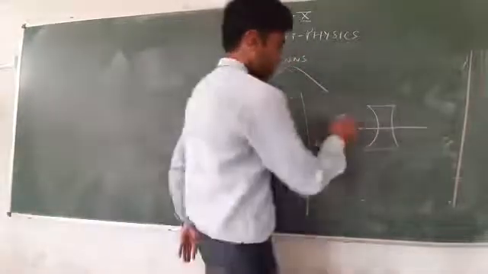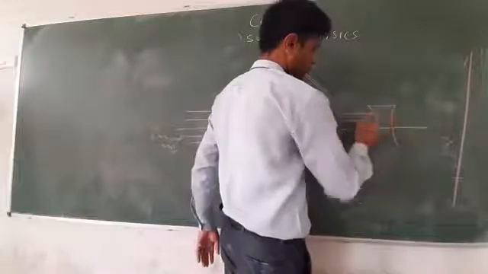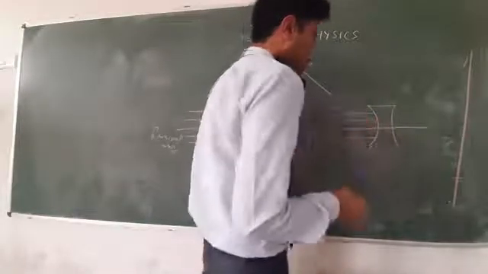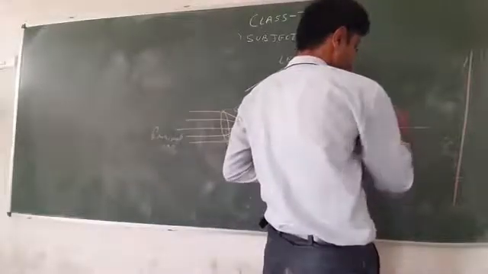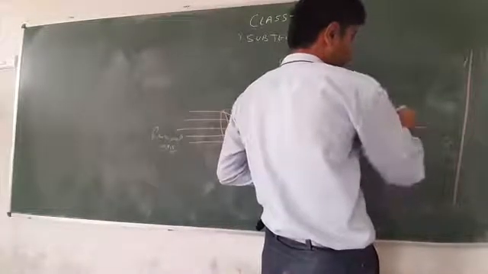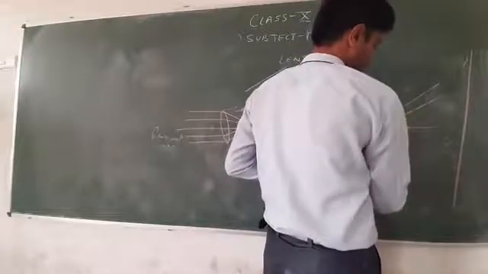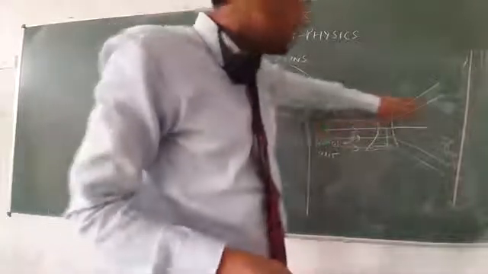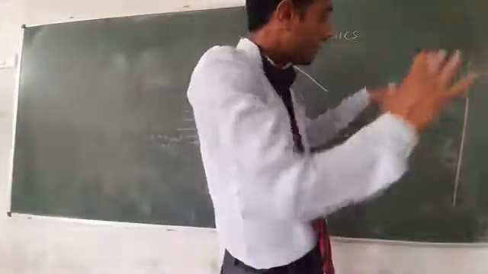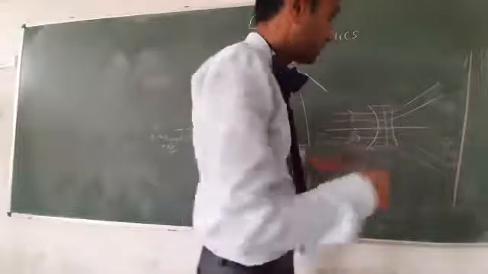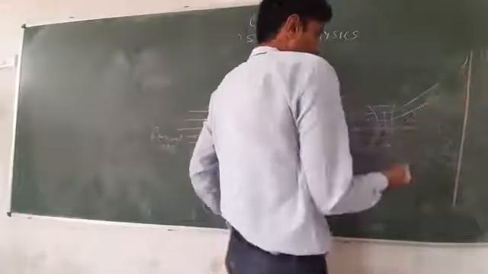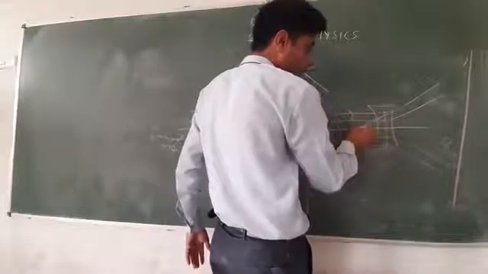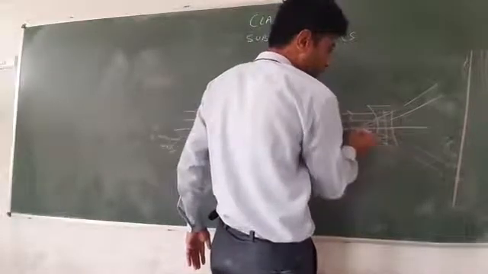If rays of light travel close and parallel to the principal axis, then it diverges the rays of light like this. You can see these rays of light never meet towards the left. But when these rays are traced backward, you can see they seem to meet at a point.